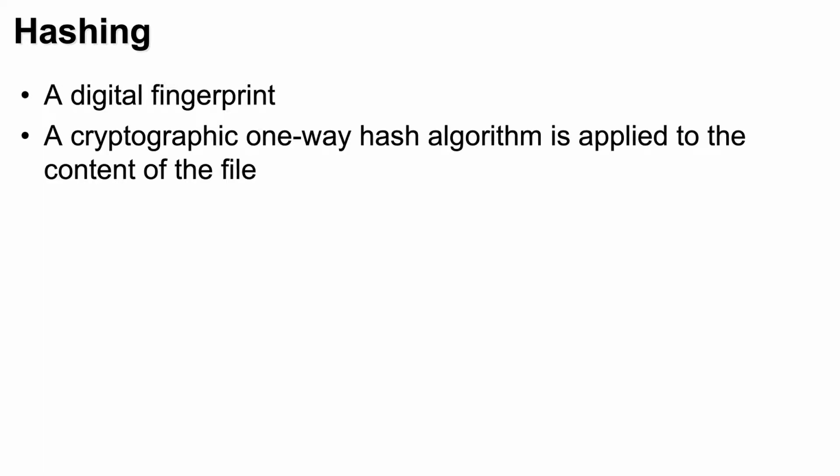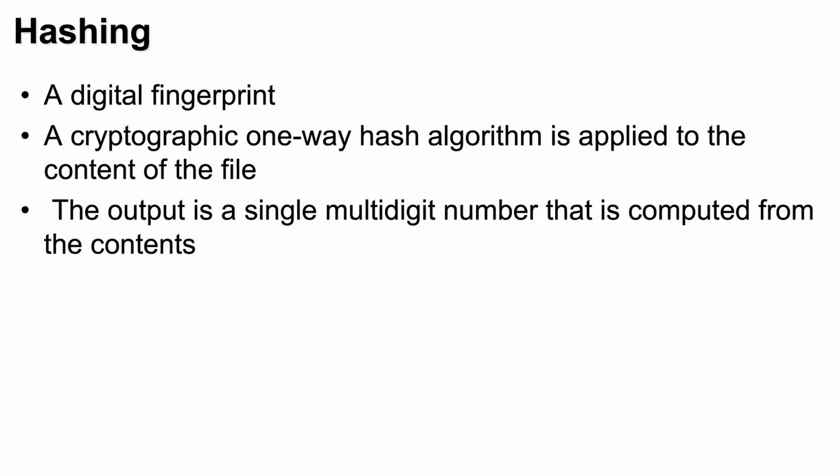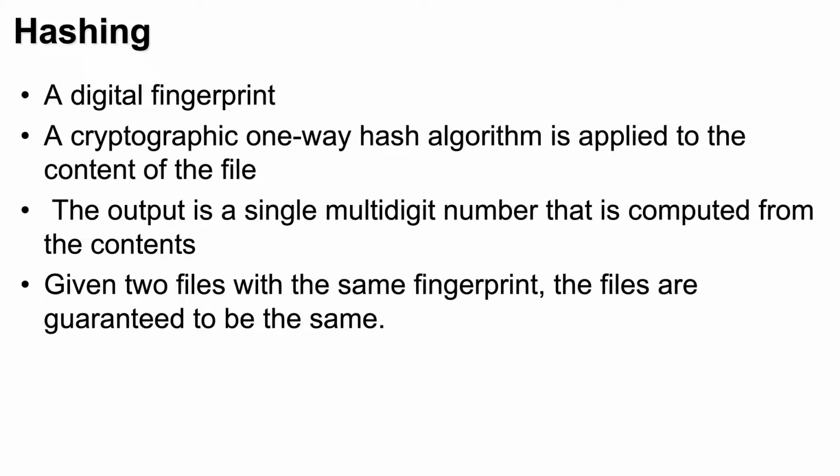The algorithm is applied to the contents of the file, and the output is a single multi-digit number computed just from the contents. Given two files with the same fingerprint, that is the same hash, the files are guaranteed to have the same content, no matter what their dates, timestamps, or names are.